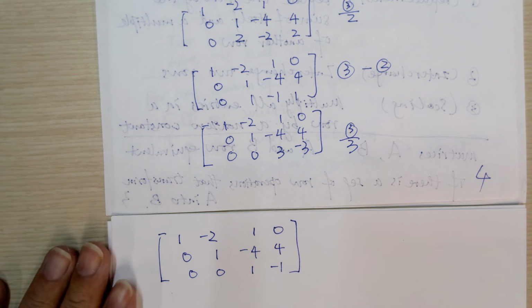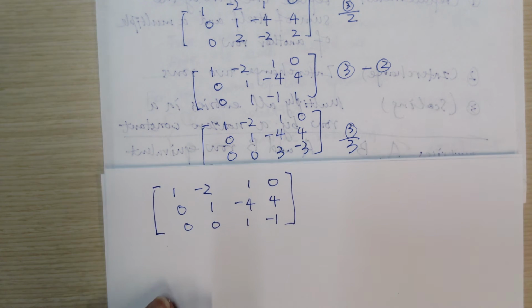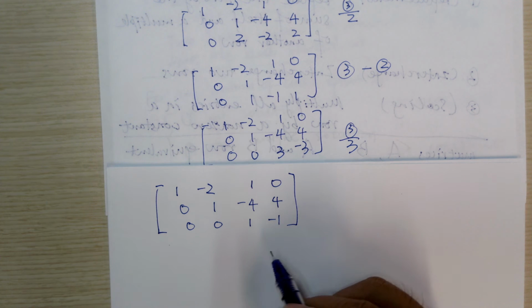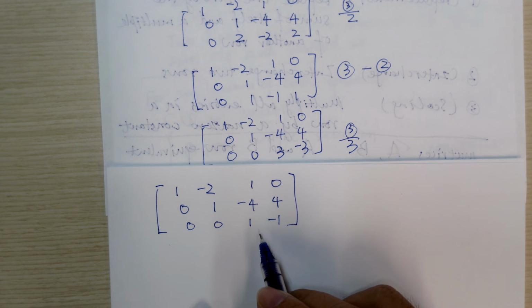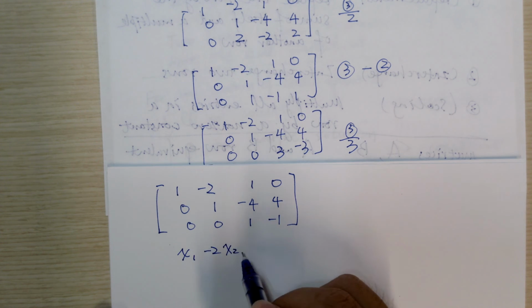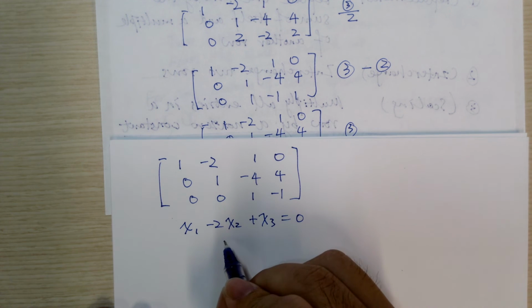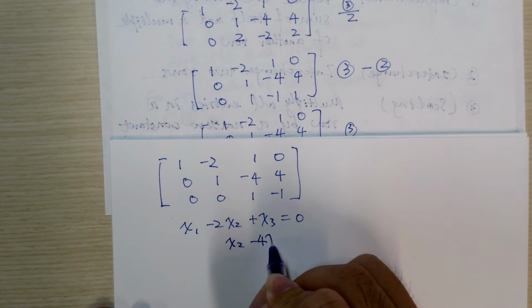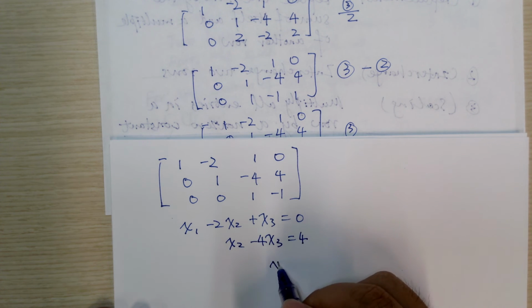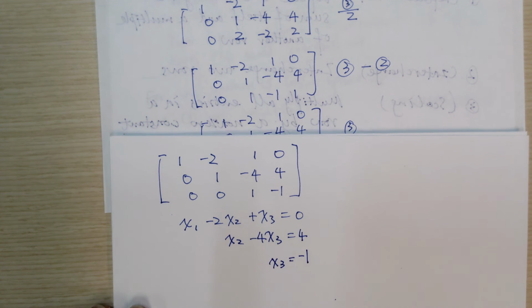Looks like we're good at this part, but let's try to solve this. From here, the equivalent system is x1 minus 2x2 plus x3 equals 0, x2 minus 4x3 equals 4, and x3 equals negative 1.